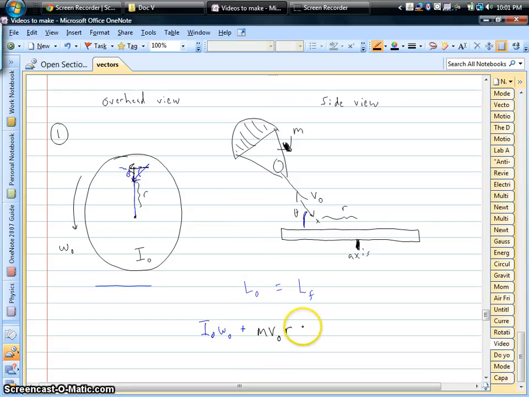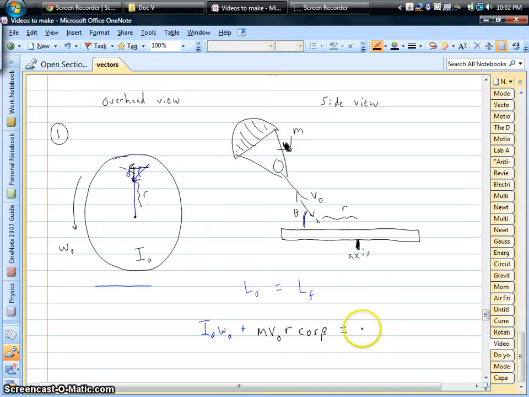Okay, so that's going to be, if we're defining that angle right there, that's on the overhead view, the piece that we need is the cosine of the angle. Okay, that gives us the perpendicular piece.